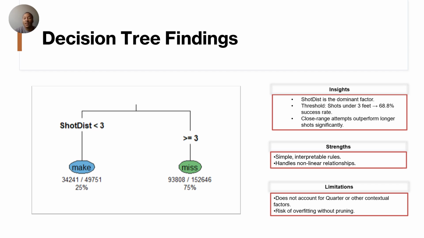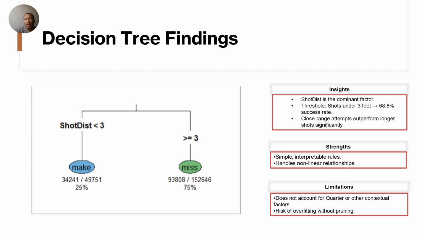So, the decision tree offers clear, interpretable rules, making it easy to understand the factors driving outcomes. And additionally, they handle nonlinear relationships well, unlike logistic regression. But decision trees don't account for the contextual factors like the quarter or the game situation unless explicitly included.